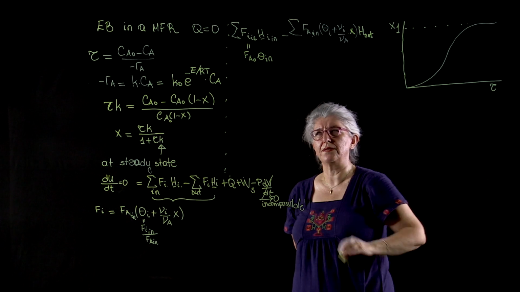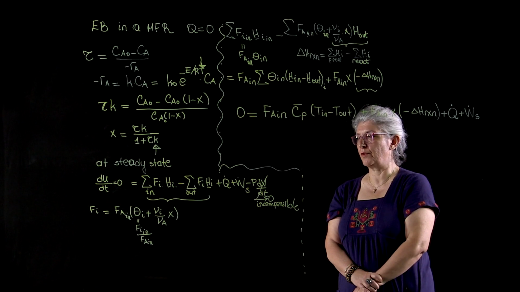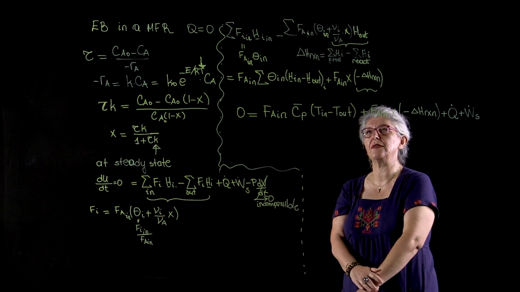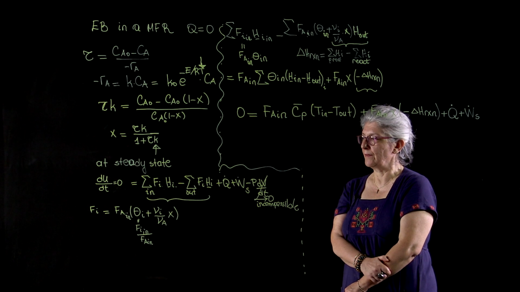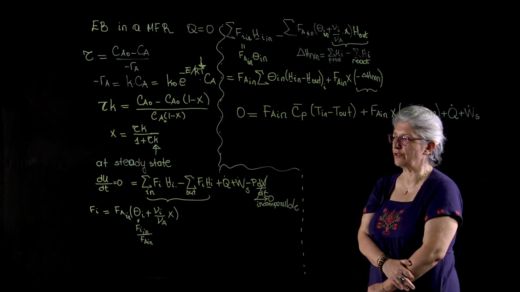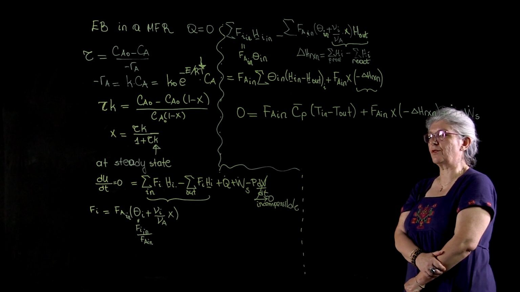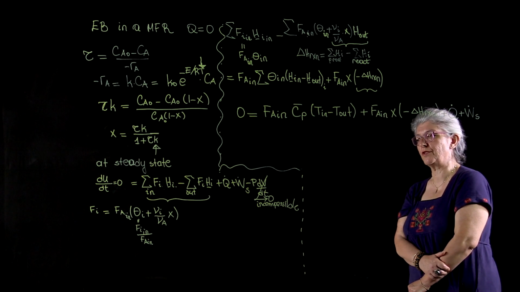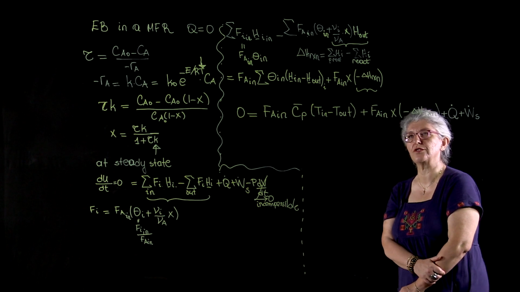Starting from the most general form of the first law of thermodynamics, we have introduced the molar flux of species i in terms of their stoichiometric ratio relative to component A and their corresponding reaction stoichiometric coefficients, nu i over nu A, and conversions.